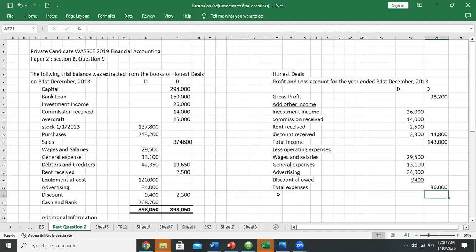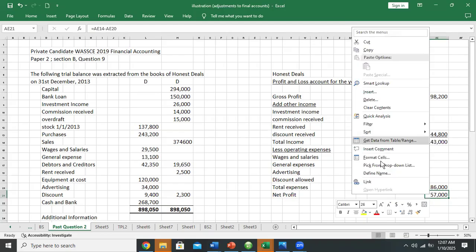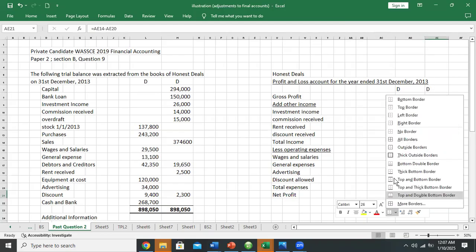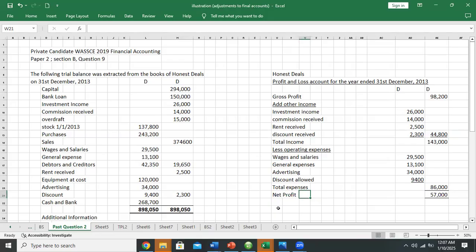So we are going to get a net profit. Okay, so we get a net profit of 57,000. You underline it, and that's all for your profit and loss account.